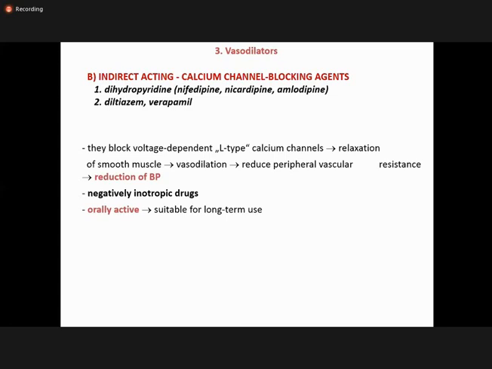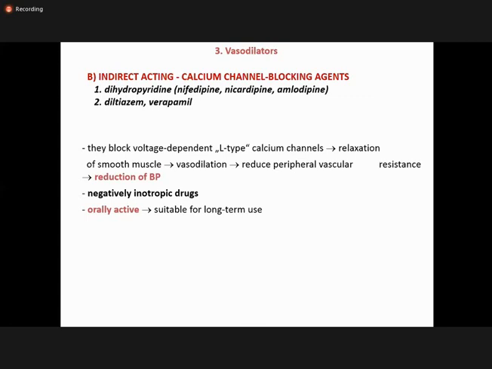Now, indirect acting. That means the calcium channel blocking agents that can be labeled as the indirect acting vasodilators. Two important groups. One is the dihydropyridine group, in which we have a very important drug, amlodipine, which is commonly used, and the prototype drug is nifedipine.